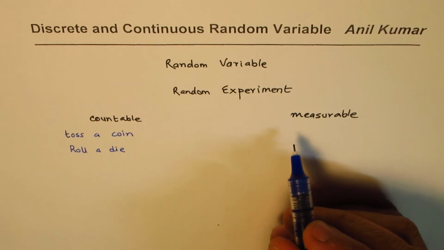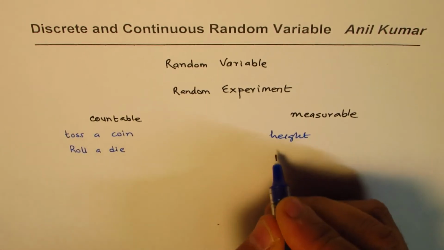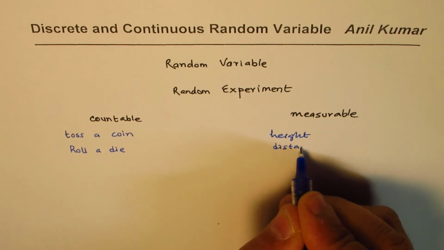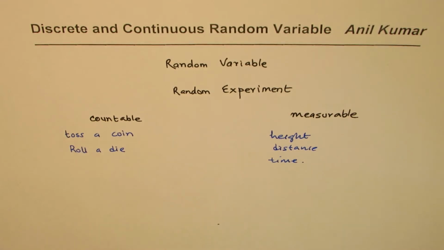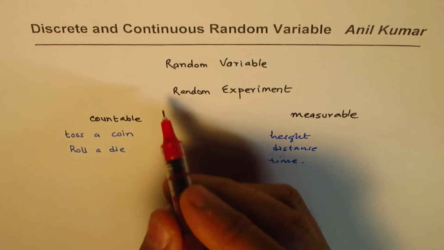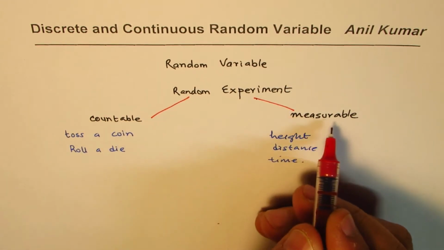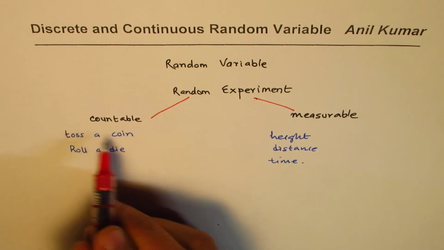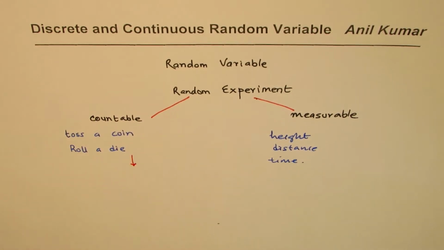On the other hand, if you're working with height, let's say distance, time, such parameters, then we are trying to measure them. Do you see that? So these are two different types of experiments with different types of outcomes. A random experiment may have countable outcomes or measurable outcomes. If they have countable outcomes, this leads to random variables which we call discrete random variables.